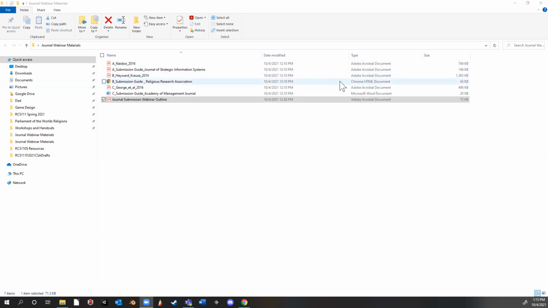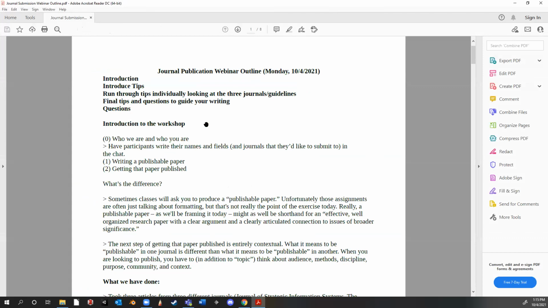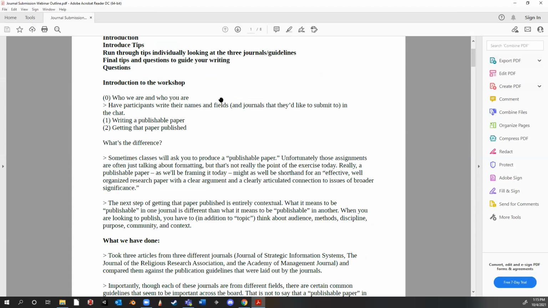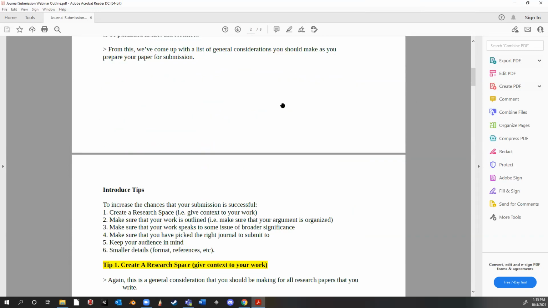I think one of them is an HTML submission. The most important one is the journal submission webinar outline. If you open that up, it is an outline of all the major points that we're going to be talking about today, and it's really a key to help you work through the other materials.